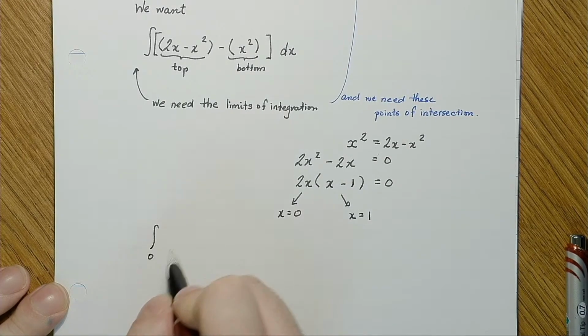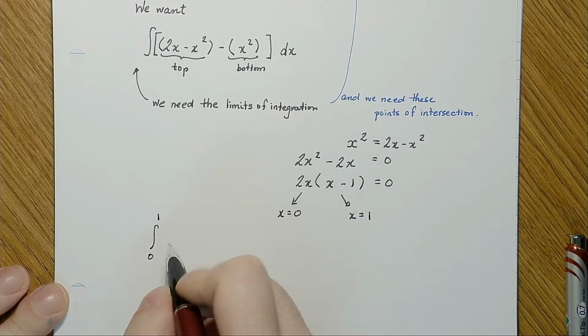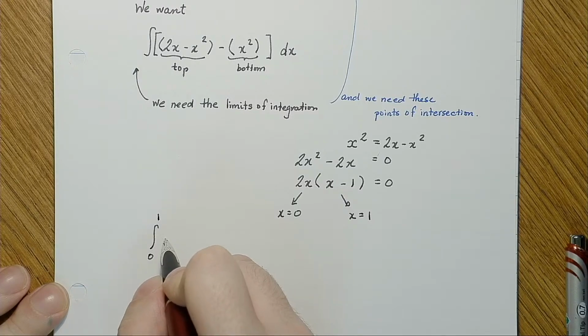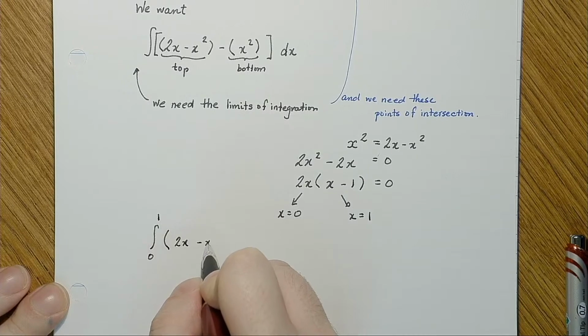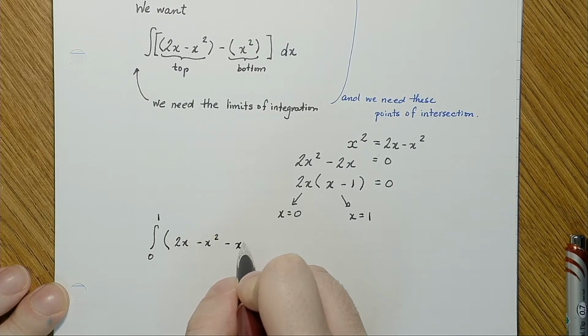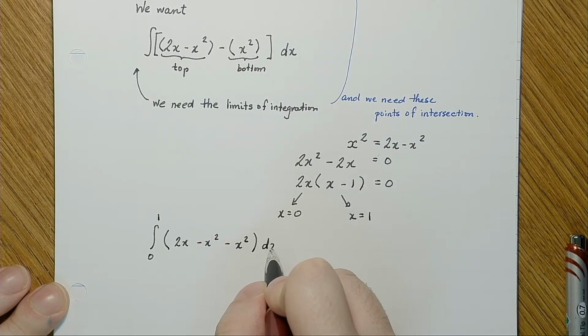So what I need to do is the integral from 0 to 1 of 2x minus x squared minus x squared dx.